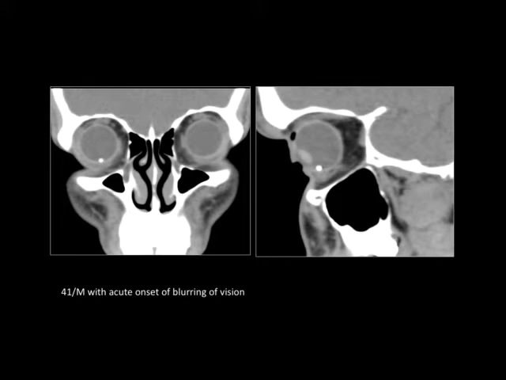Okay, next. Frontal, sagittal and coronal CT reformatted images are provided. Calcification is seen in the right globe. Where is it seen?